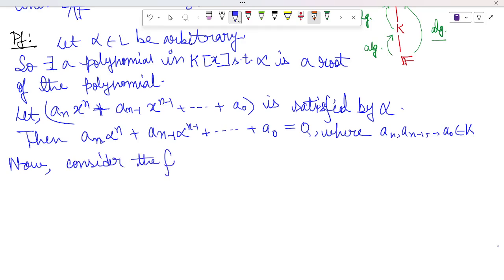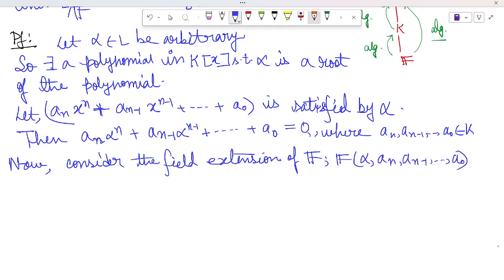Consider the field extension of F, which is F(alpha, a_0, ..., a_{n-1}), that is F adjoined with alpha and the coefficients.